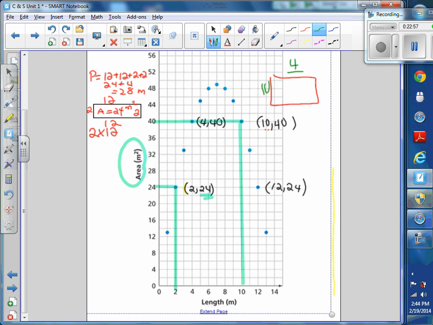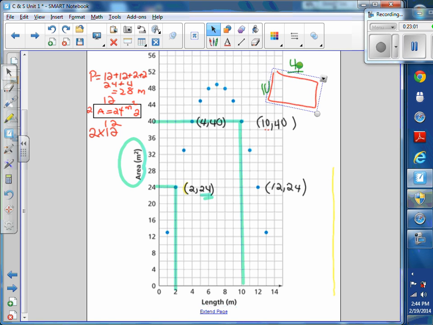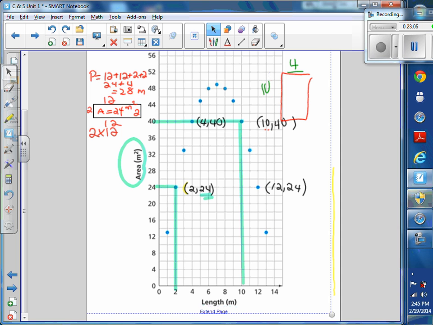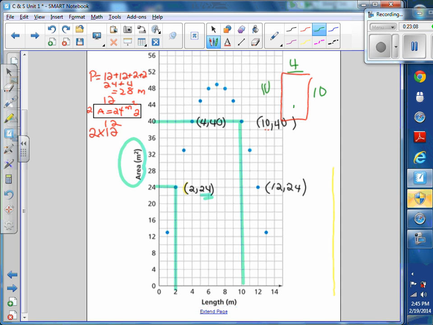Oh, so look at it. My picture looks wrong, doesn't it? It should be like that. Yeah. Okay, what's the perimeter of this? 28. 10 plus 10 is 20, and 4 plus 4 is? 8. So it's 28 meters.